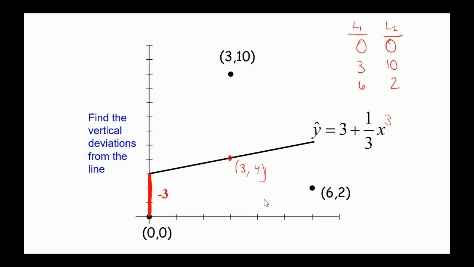So what would that deviation be then? How far would I have to go from the line to my point? To get from 4 to 10, I would have to go up 6.